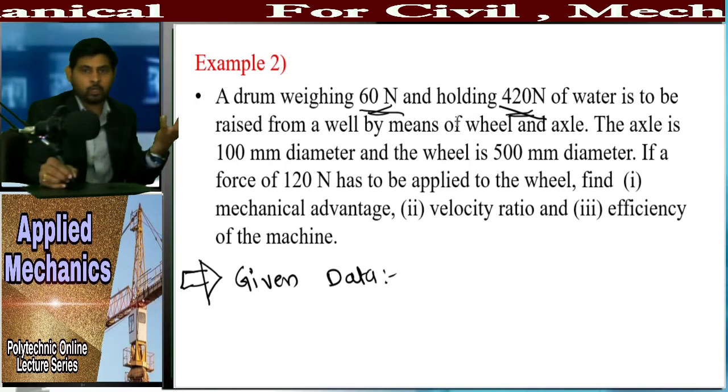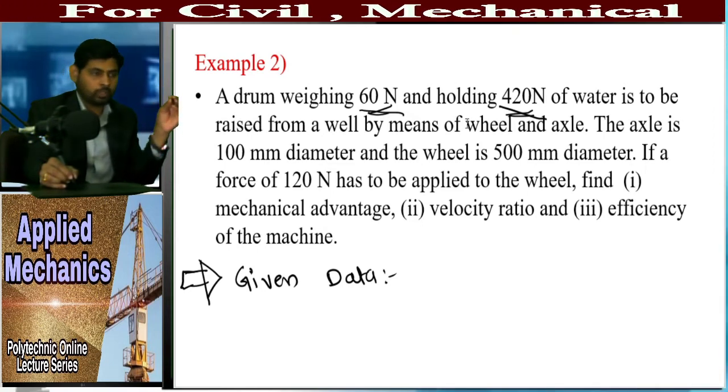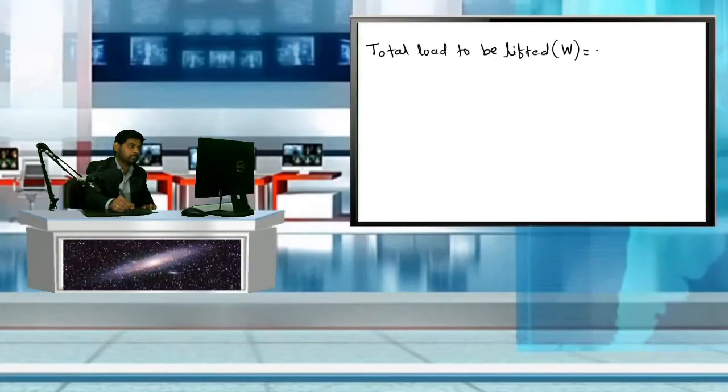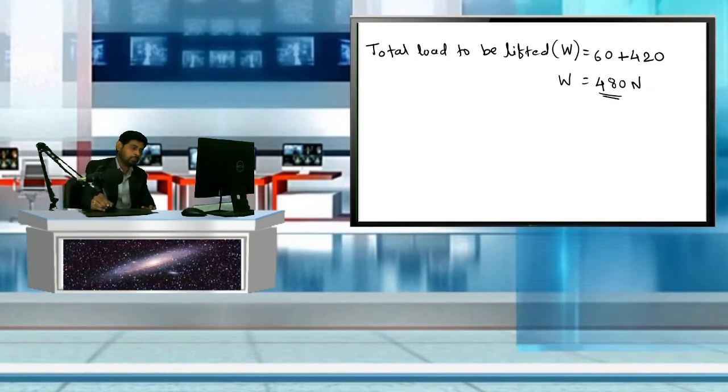We are carrying the drum and also the water in that drum. So total load is 60 plus 420, where 60 is the drum self-weight and 420 is the water. So that is a total of 480 Newton. So this is the value of W, that is the load.